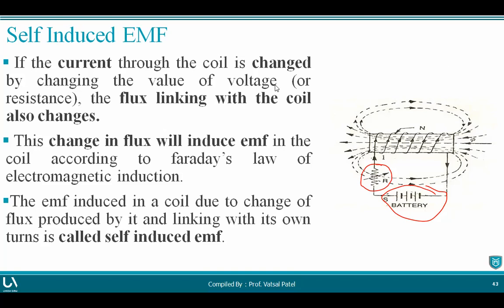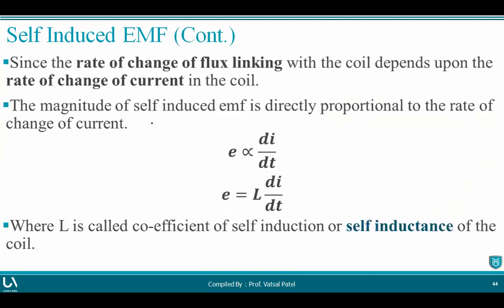Okay, so if we go ahead, according to Faraday's law, the rate of change of flux linking with the coil depends upon the rate of change of current in the coil.